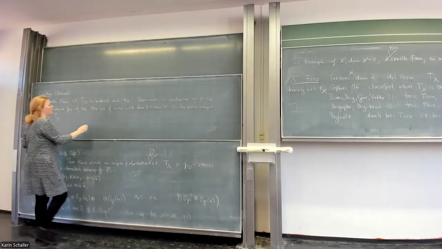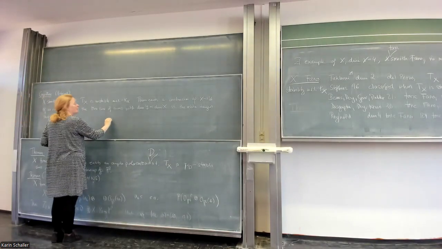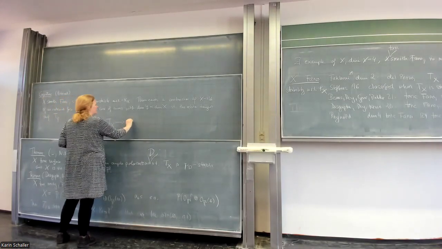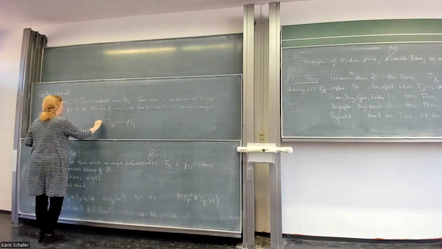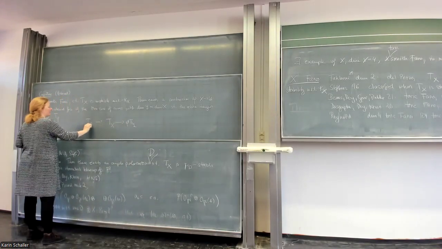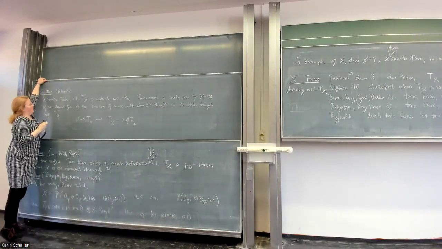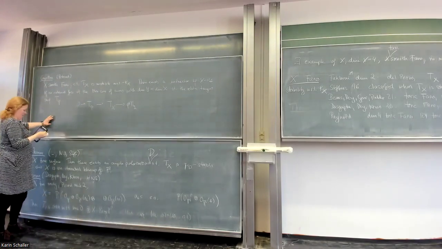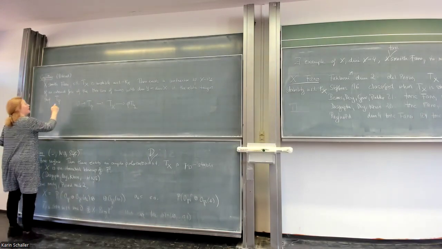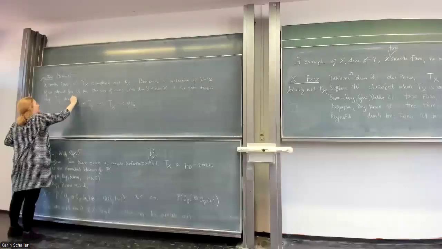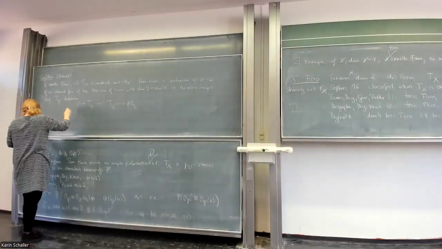This is defined as follows: we have a map from T_X to φ^*T_Y, and the relative tangent sheaf is defined as the kernel of this map.